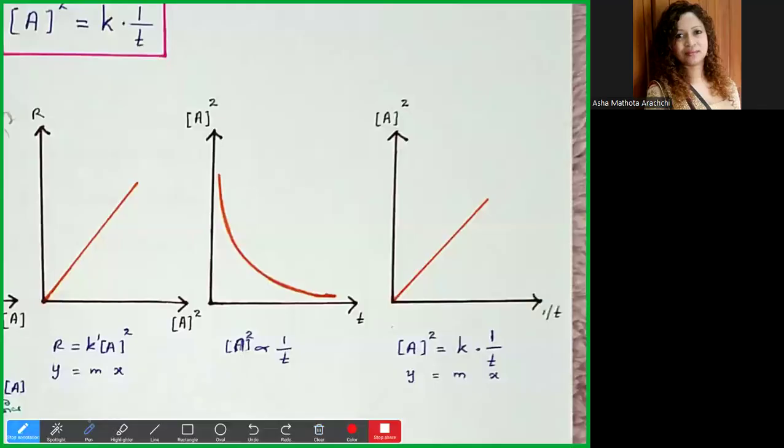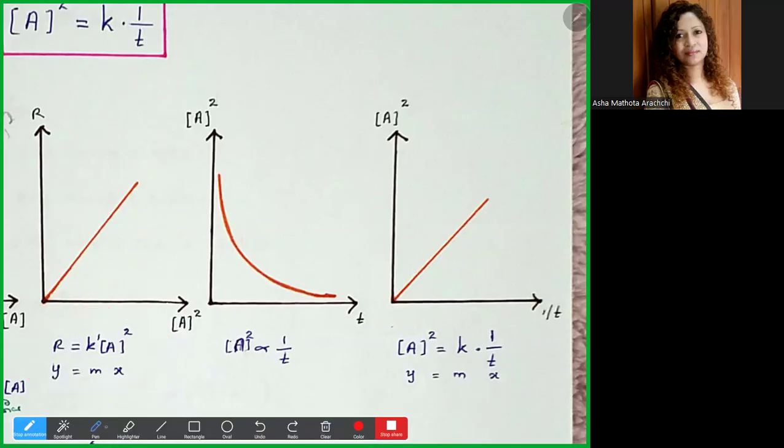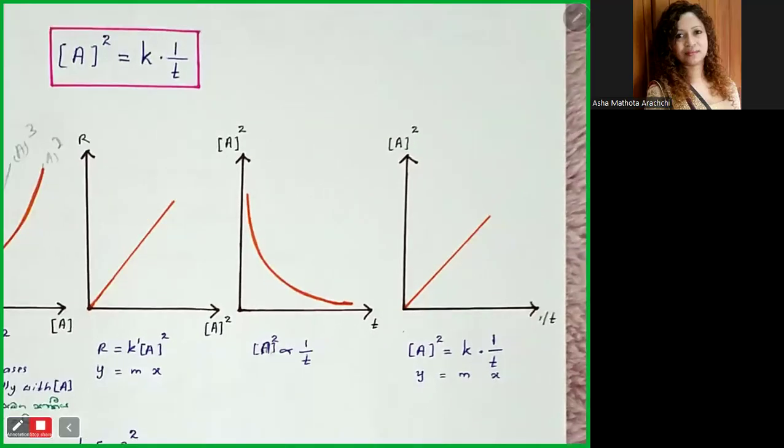If I take R on the Y axis and A to the power 2 on the X axis, it's supposed to be a straight line going through the origin. Is that clear? Y equals mx kind of graph, but y is r and x is a to the power 2.